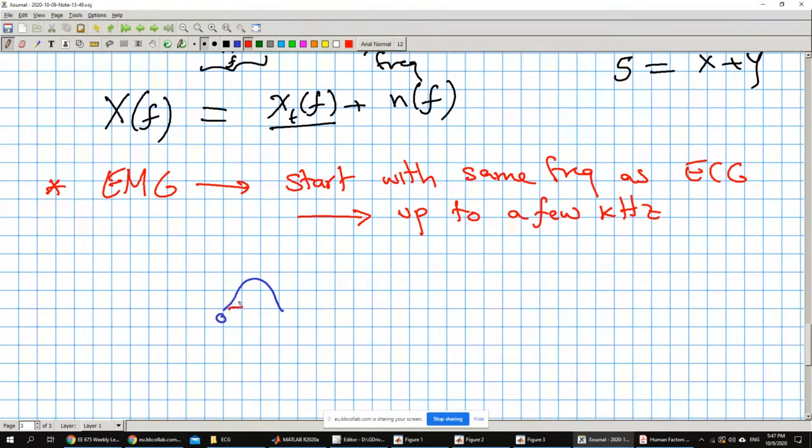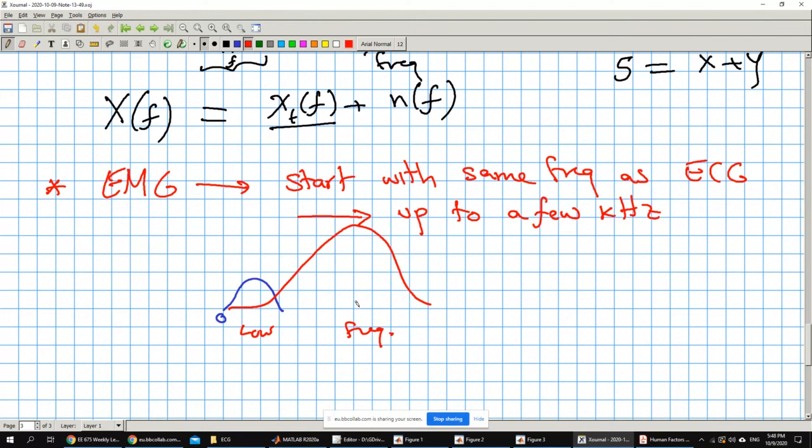It's actually like this. It's much larger than ECG. So this is high frequency, this is low frequency, this is high frequency. That's why when you see the overlap, you can see that it has much higher frequency than ECG. But there's a part that has an overlap.